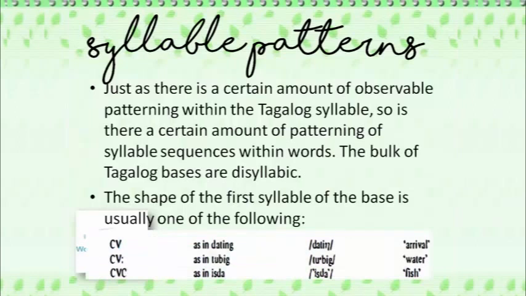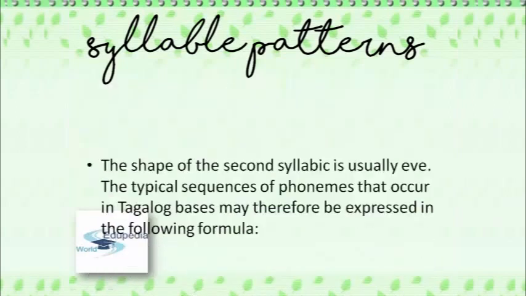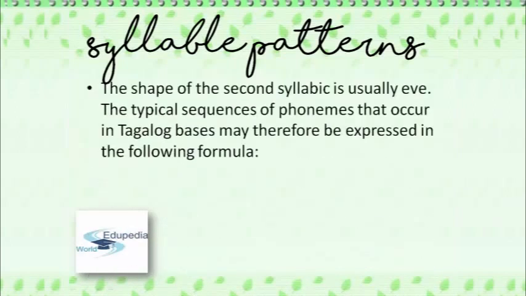We have here dating, arrival, tubig, water, isda, fish. The shape of the second syllabic is usually as follows. The typical sequences of phonemes that occur in Tagalog bases may therefore be expressed in the following formula. We have here the CV, C, CVC.